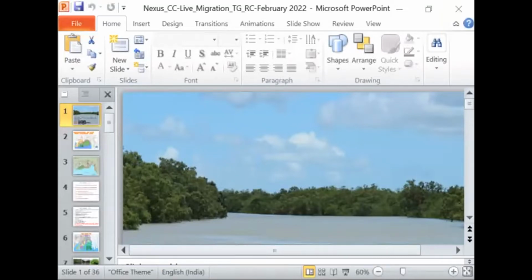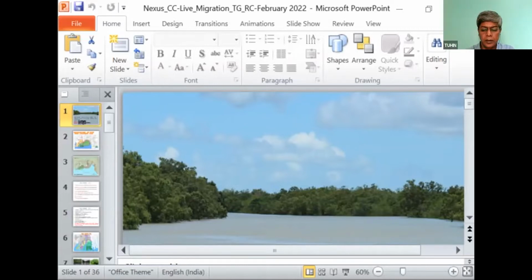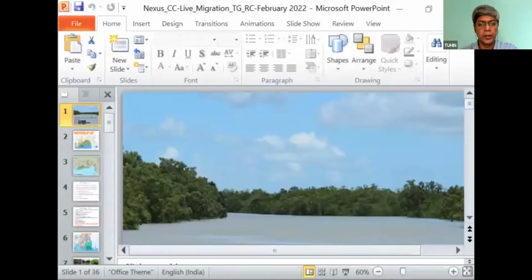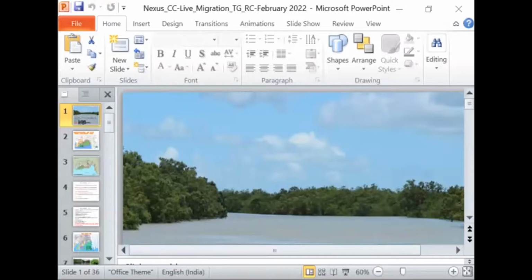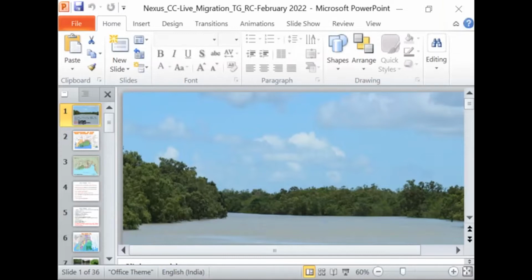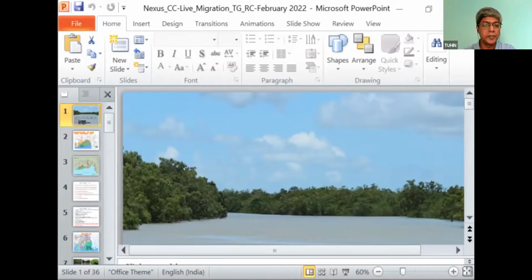Sir, sorry to interrupt. The slides are not moving. There is some lag, I think. Okay, can you show it in PPT format? PPT format would be good. Yes, sir, the slides are not changing. I don't know why, it could be a lag of the internet. Yesterday I also had a lecture and there was no problem.